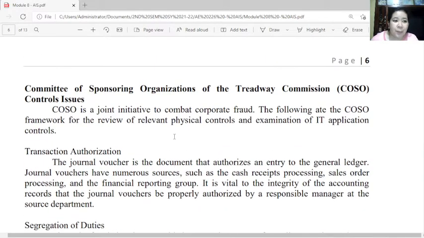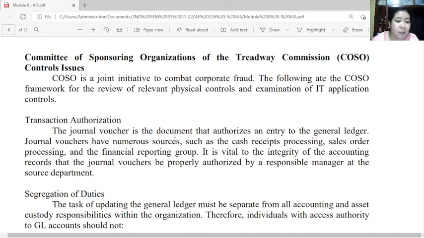In connection with the controls, we have here from the Committee of Sponsoring Organizations of the Treadway Commission, or COSO, controls issues. COSO is a joint initiative to combat corporate fraud.